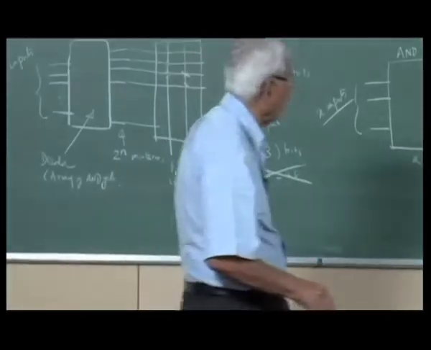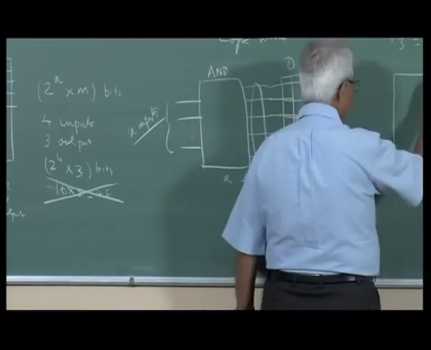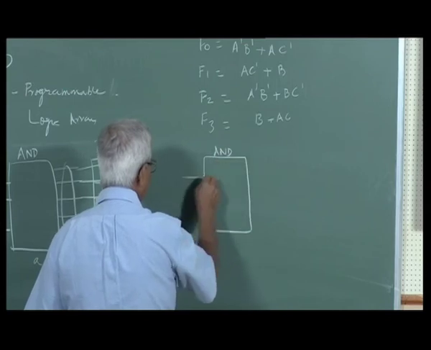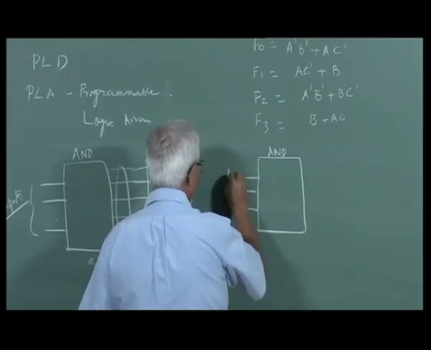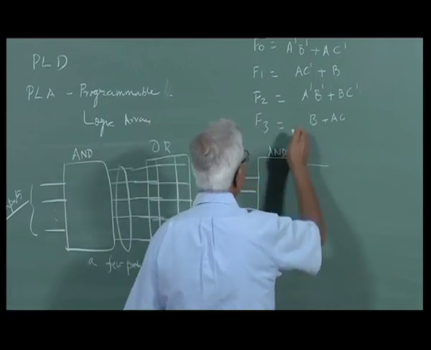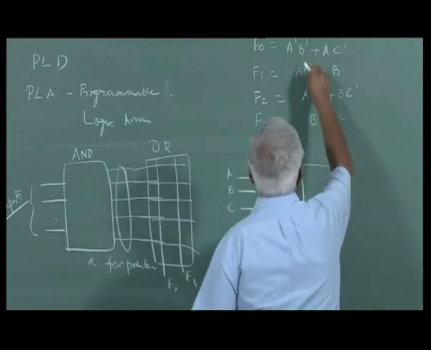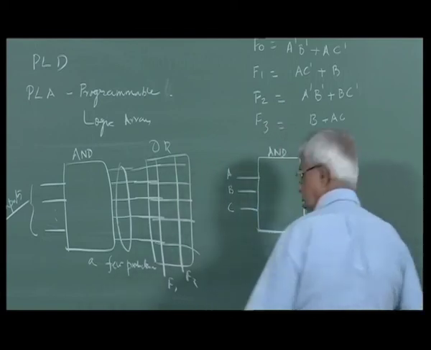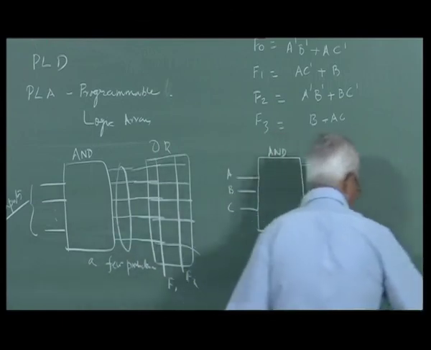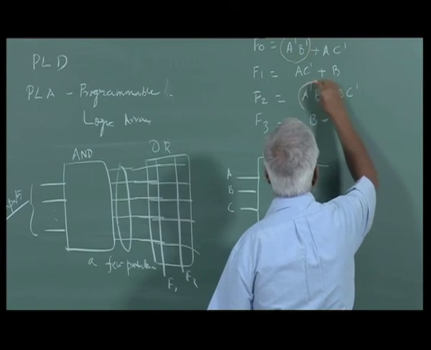c. So again I have here an AND array whose inputs are a, b, c, and we will generate how many product terms are there here? A bar b bar is available here as well as here.